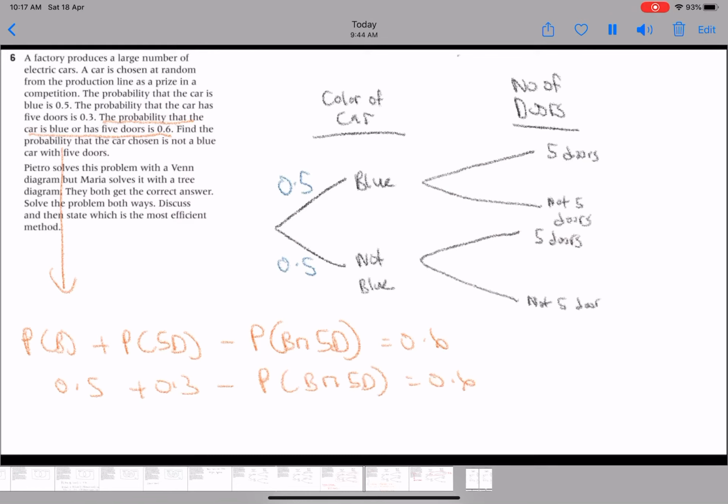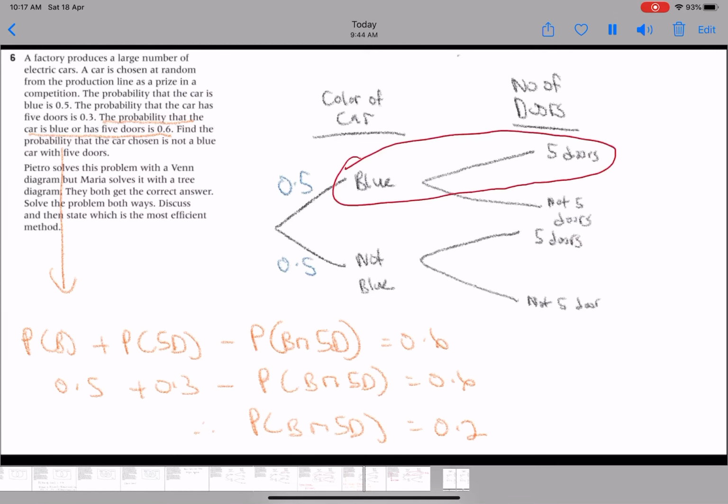The intersection we do not know, and the intersection is simply 0.2. So where is blue and 5 doors represented in the tree diagram? If you think carefully, it is this region. This is blue and 5 doors. So this region is 0.2.